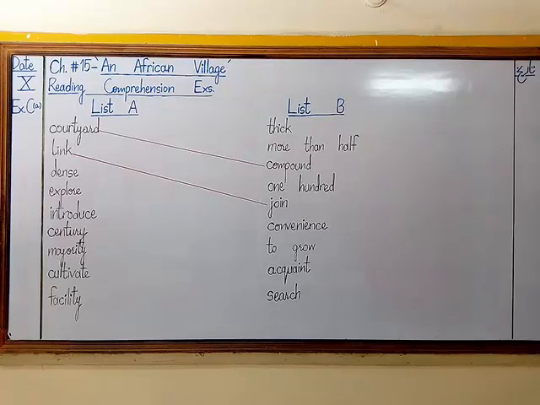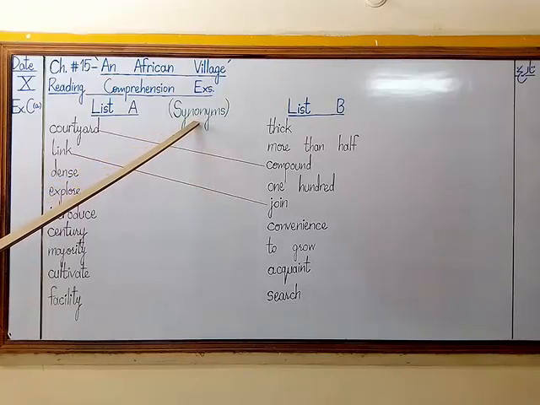This is a matching exercise based upon synonyms. Synonyms means words with the same meaning. Synonyms are called words with the same meaning. So you can see the word courtyard has the same meaning as the word compound.